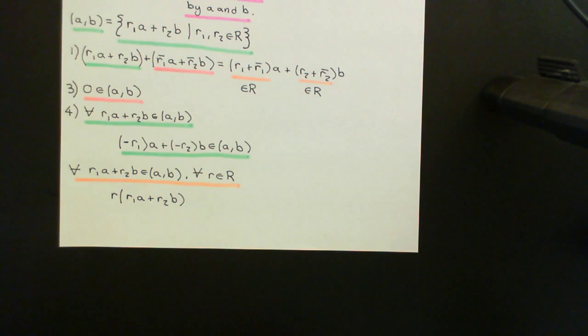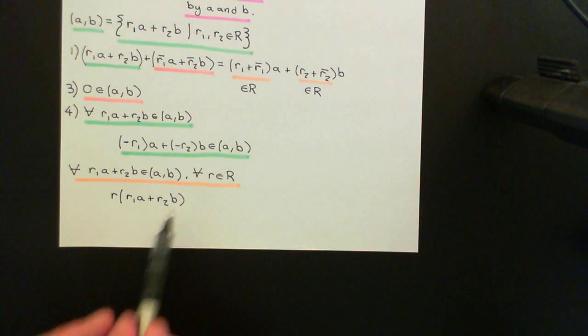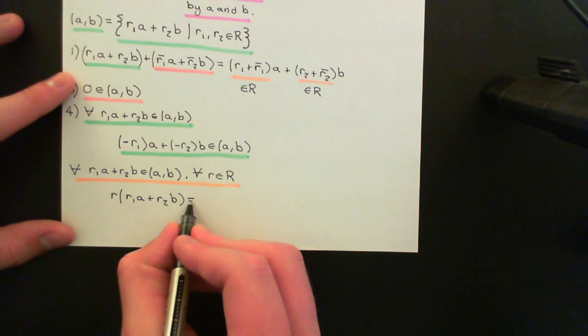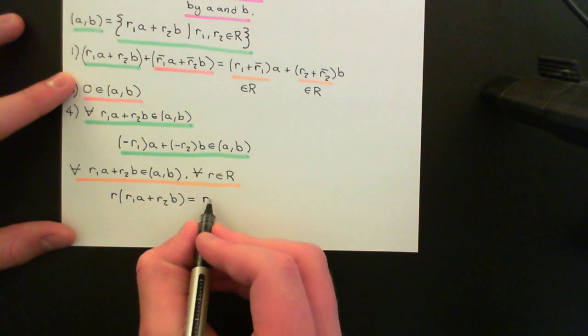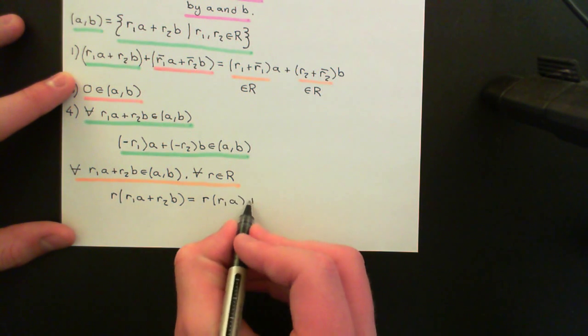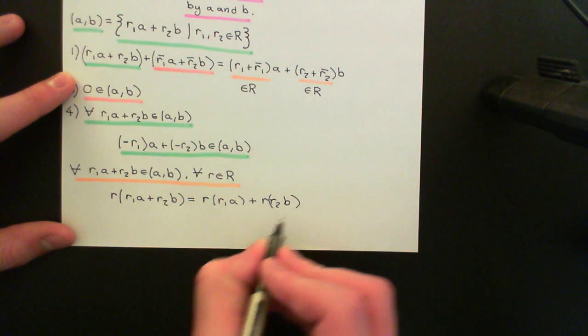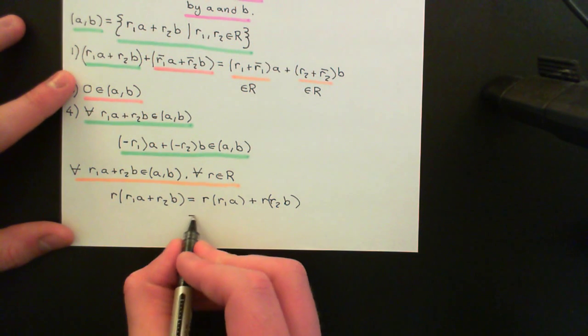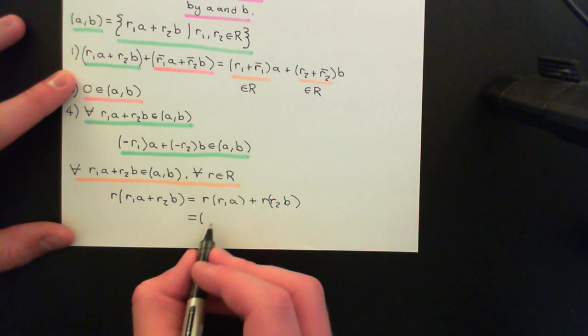So I want to show that I end up with something of the form something in the ring times A plus something in the ring times B. Okay, well, let's just apply distributivity here. So applying left distributivity, we'll get R times R1 times A, leaving the brackets in, plus R times R2 times B, again leaving the brackets in. And now we'll apply multiplicative associativity to reassociate the brackets.